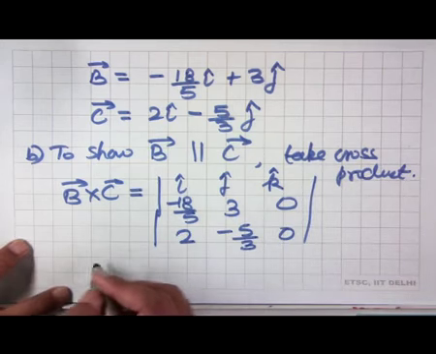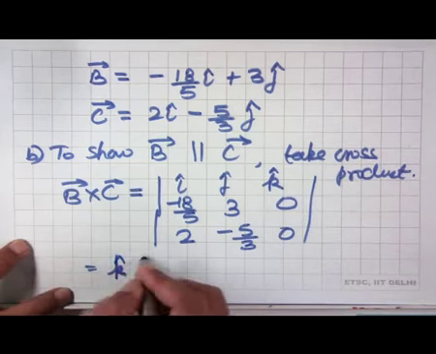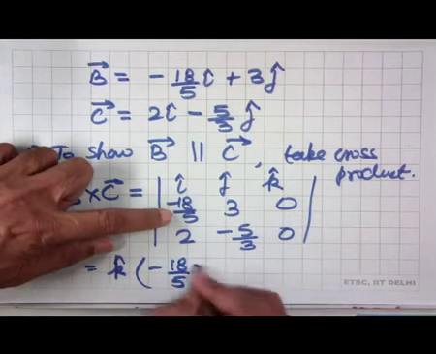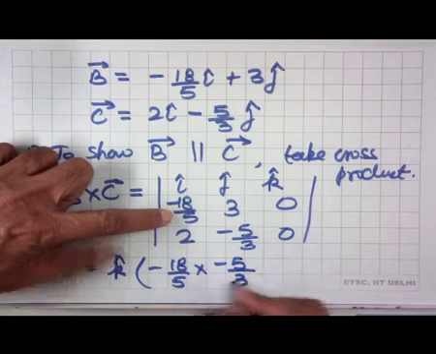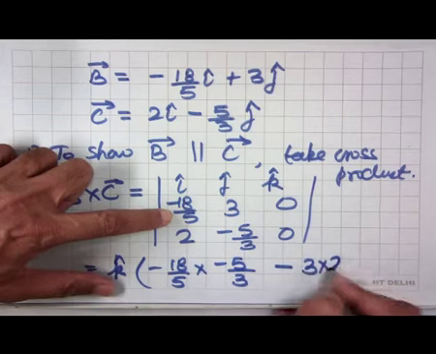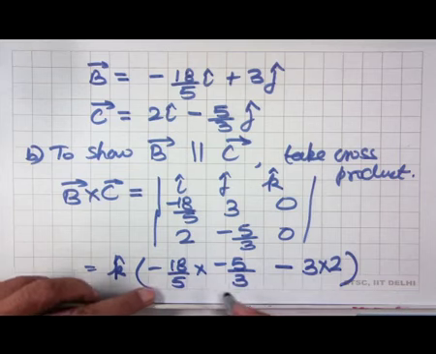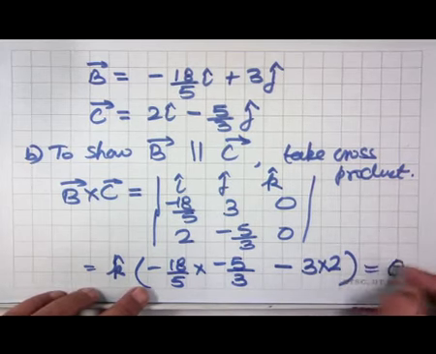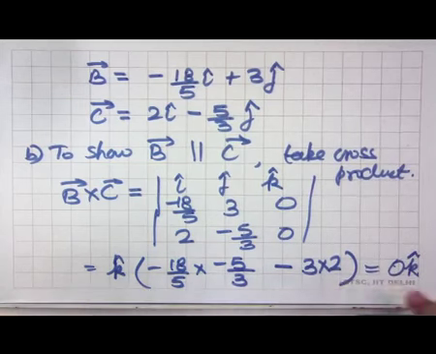This gives us k times minus 18 by 5 multiplied by minus 5 by 3 minus 3 multiplied by 2. So, this is equal to 0 k. Since this is 0, B and C are parallel.